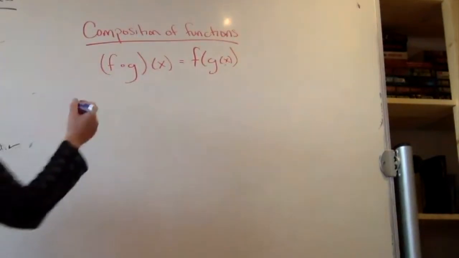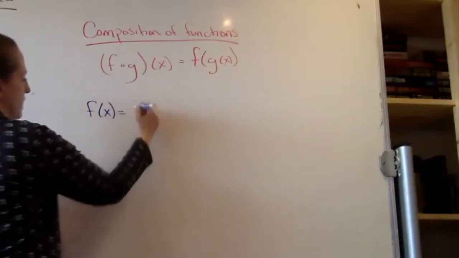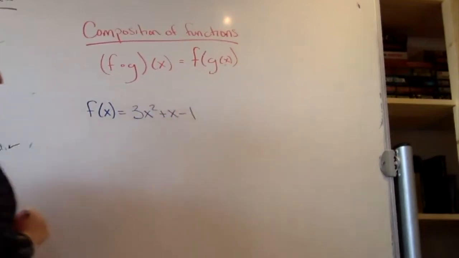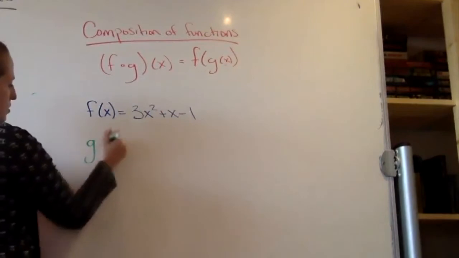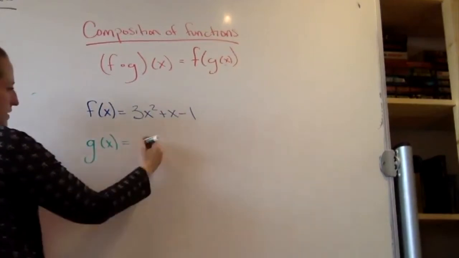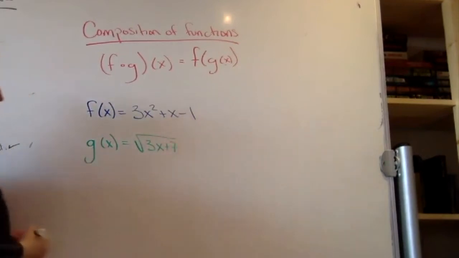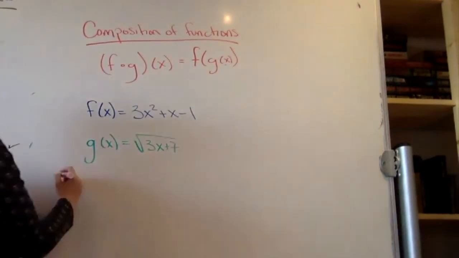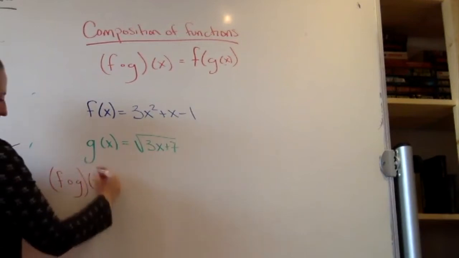So let's look at this with some examples. Let's say I have the function f of x equals 3x squared plus x minus 1. And I also have the function g of x equals, we'll say, square root of 3x plus 7. Now, if I want to compose these two functions together, let's say I want to do f composed with g of x.